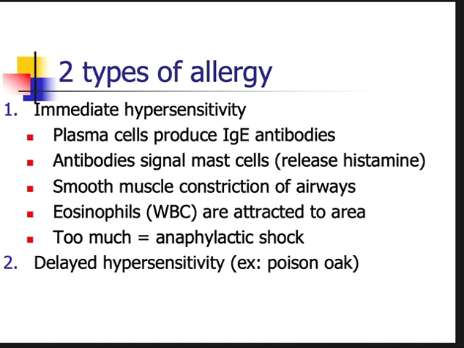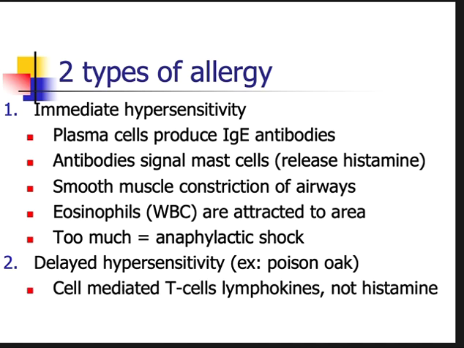Delayed hypersensitivity, you don't have this immediate itchy, watery, sneezy reaction of the upper respiratory system, but instead you have a delayed response, and this is poison oak, poison ivy. They both will trigger a delayed hypersensitivity.